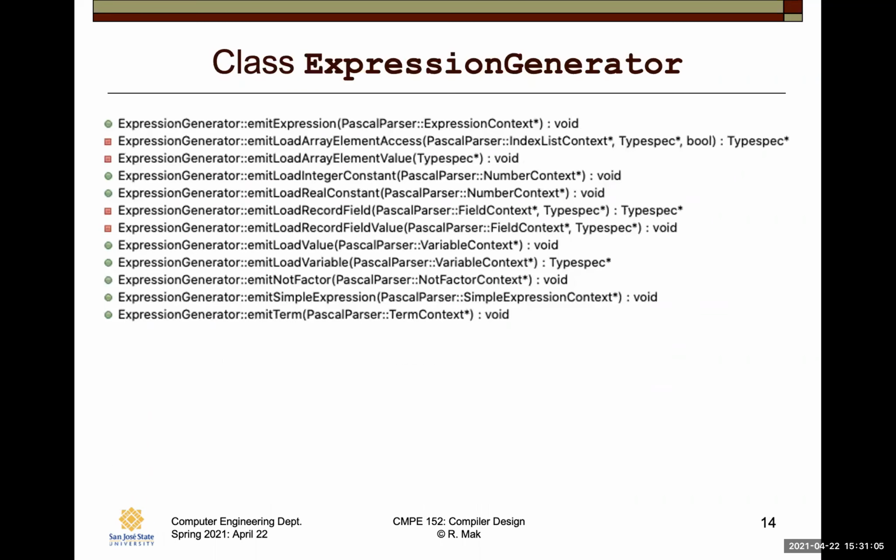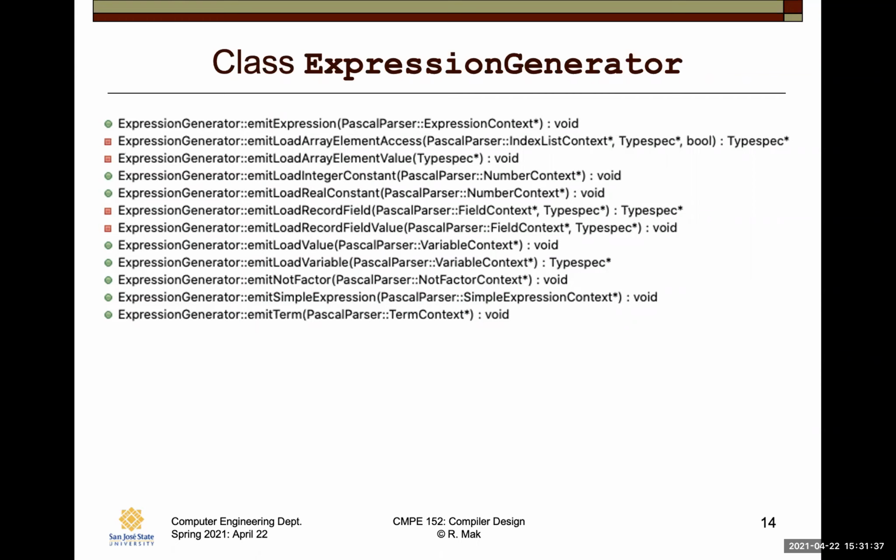Okay, and there's expression generator, and you can see that there's simple expression. Here's term, and then the factors are things like variables and values. You can see that I emit code here for arrays, records, integer and real constants, and so forth.